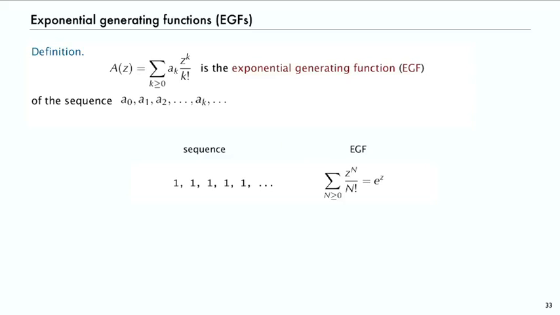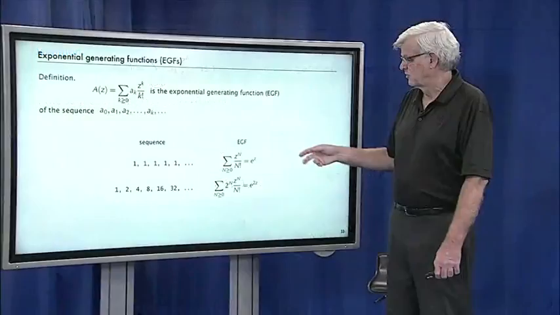So for example, the sequence of all ones, the exponential generating function that represents that sequence is the sum of z to the n over n factorial. And we saw that's e to the z. And the powers of 2, again, just do the math. Sum of 2 to the n z to the n over n factorial, that's 2z to the n over n factorial, that's e to the 2z.